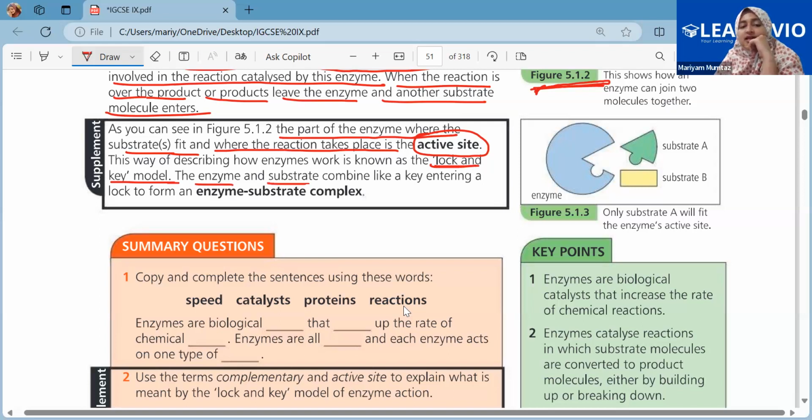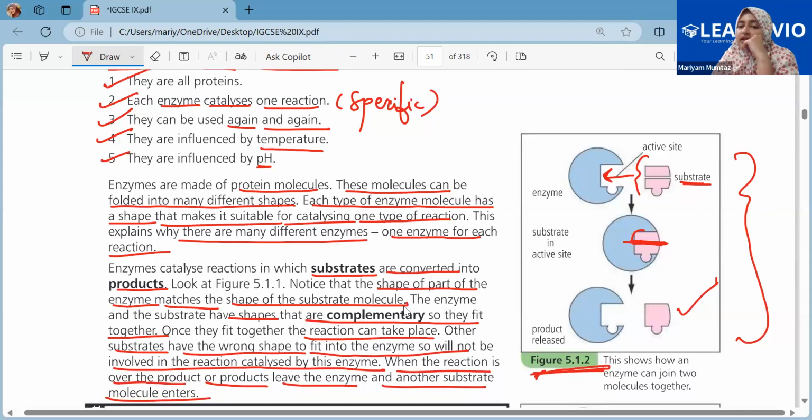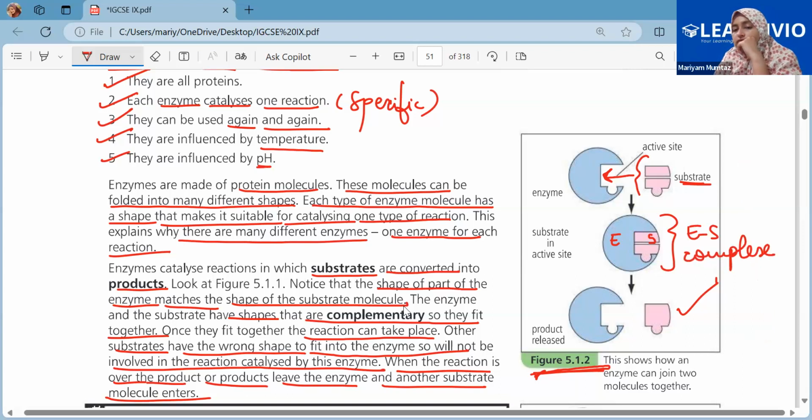The enzyme and substrate combine like a key entering a lock to form an enzyme substrate complex. This part wherein the enzyme and the substrate are present together is known as the enzyme substrate complex. Clear?